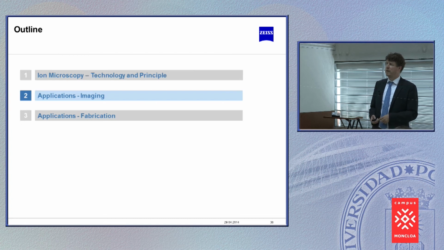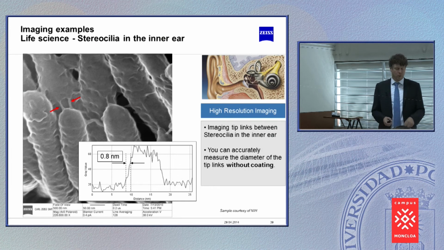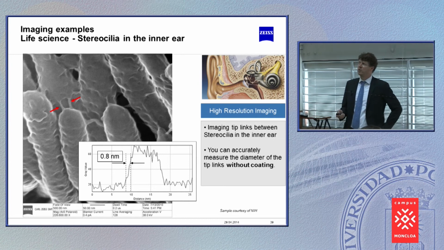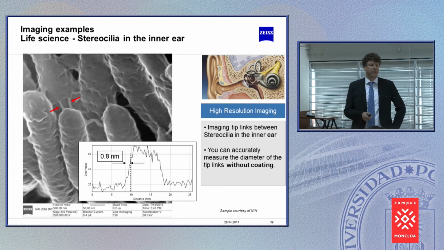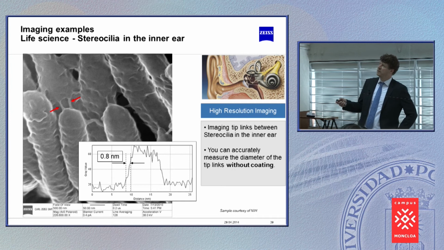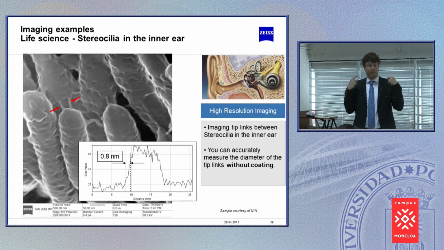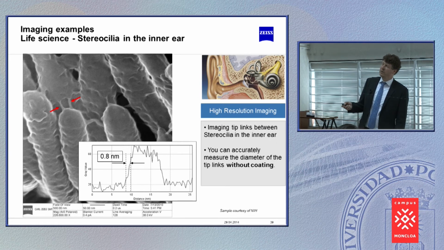Now I'll show you some application images, and I always start with this life science application. These are stereocilia inside the inner ear. There's a cross section, and these are inside this. When we hear, they move, and they cause some current, and then we recognize this as a tone, for example. These stereocilia, some hairs, are connected with these tip links.